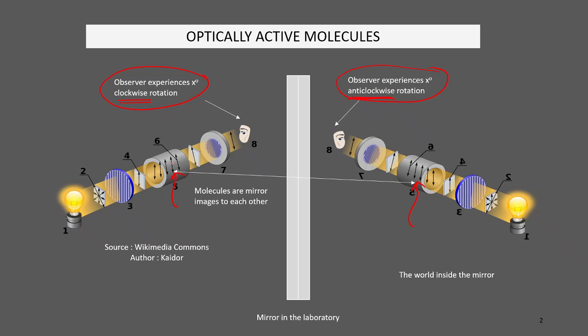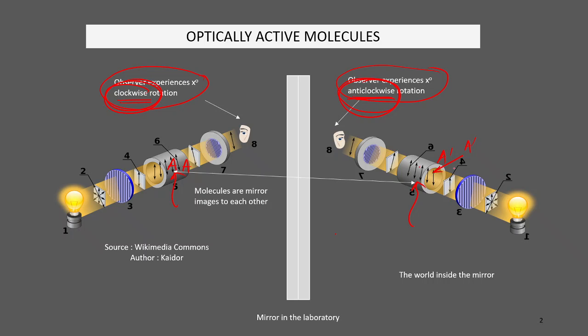Let's say these molecules are A, and these molecules here, let's call them A prime. These are the mirror image molecules, and these molecules must not be the same, because if they were the same, they would behave in the same way, and both of them would rotate the plane of light clockwise to a certain degree. But these molecules are rotating the plane of light clockwise, and those are rotating it in an anti-clockwise manner.